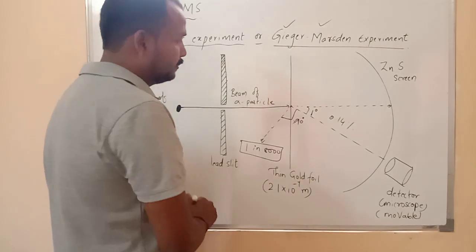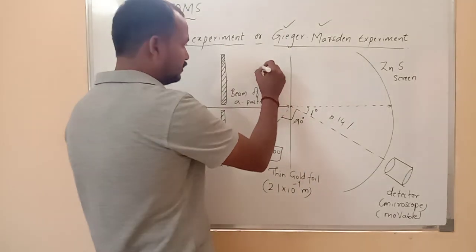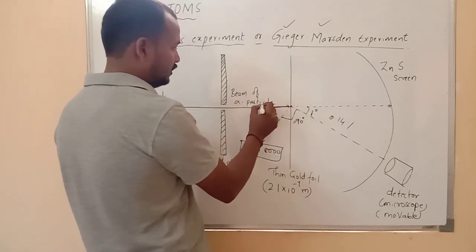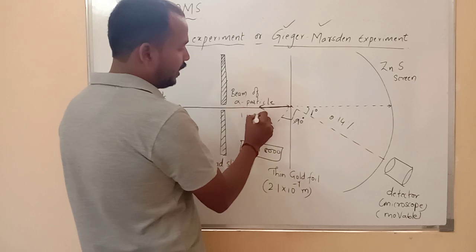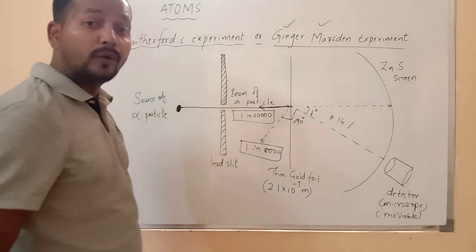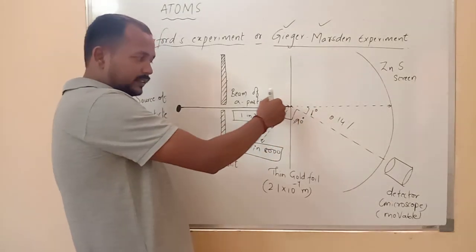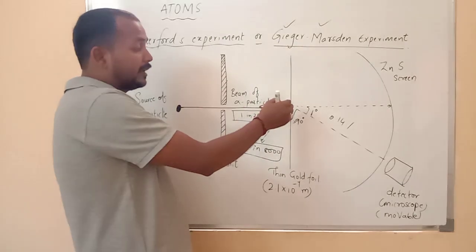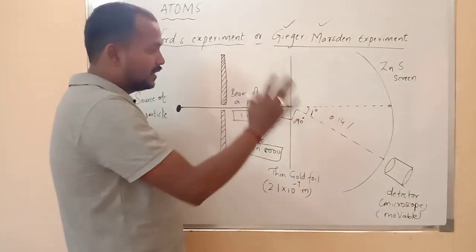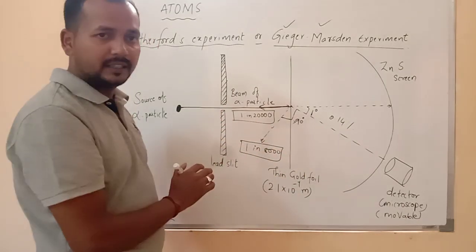One more thing: only 1 in 20,000 particles will get reflected back in the same direction, repelled back along the same path. So this is the complete Geiger-Marsden experiment.